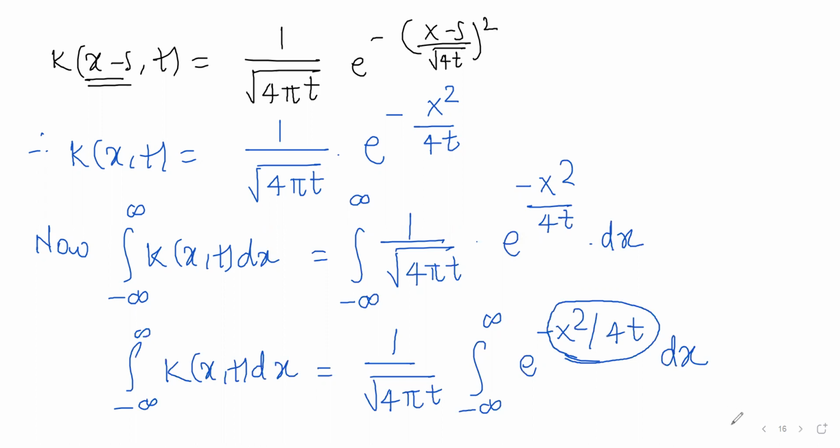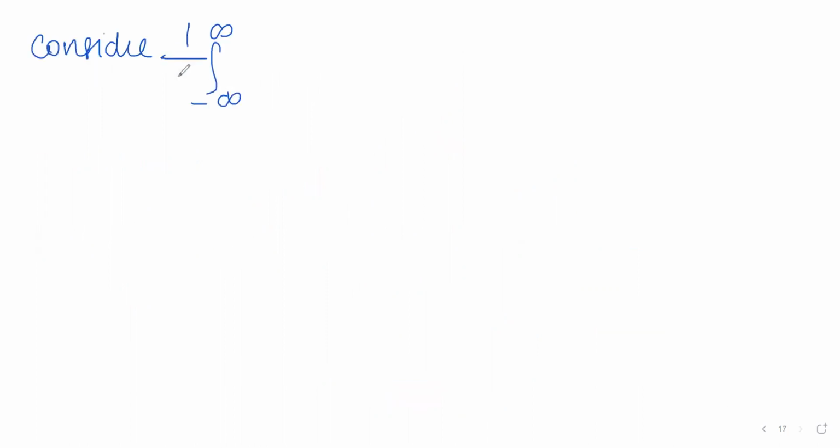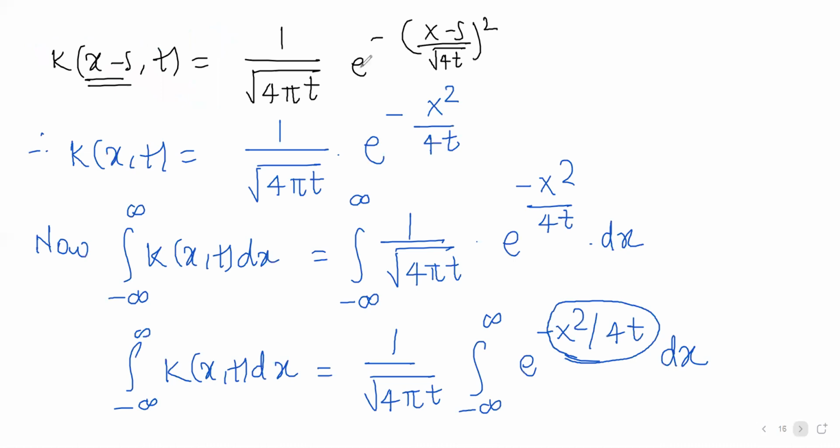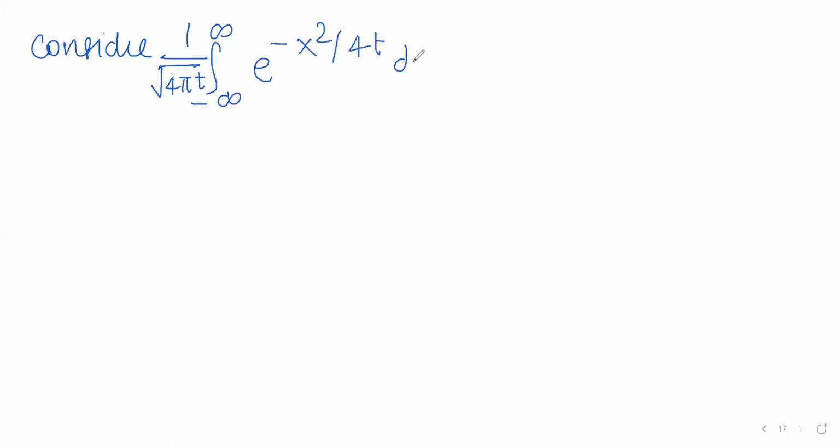So consider integral minus infinity to infinity, 1 upon under root 4 pi t. I forgot, so I got under root 4 pi t. What is that? E power minus of x square by 4t dx. Now it's time to make a substitution, on the right hand side.